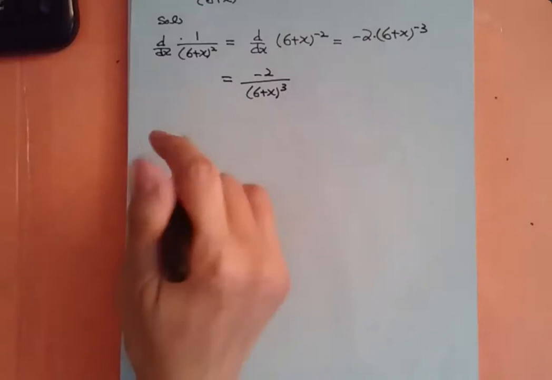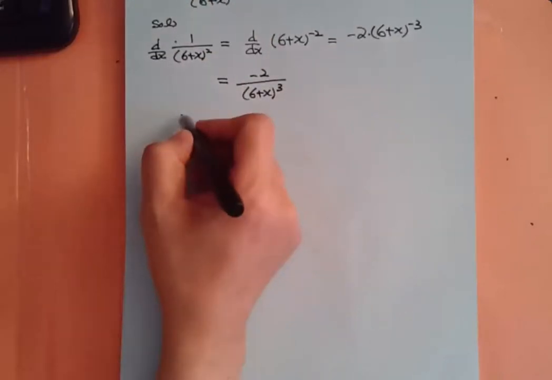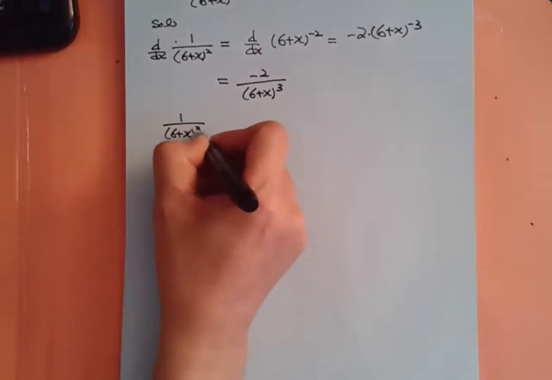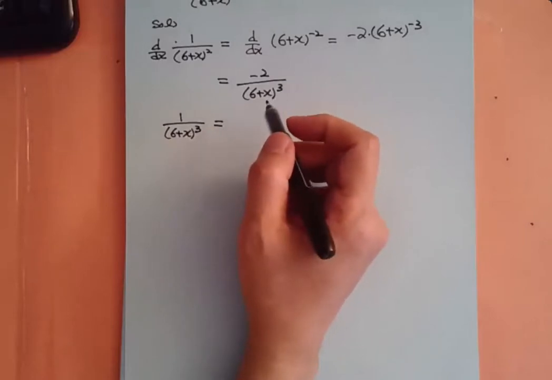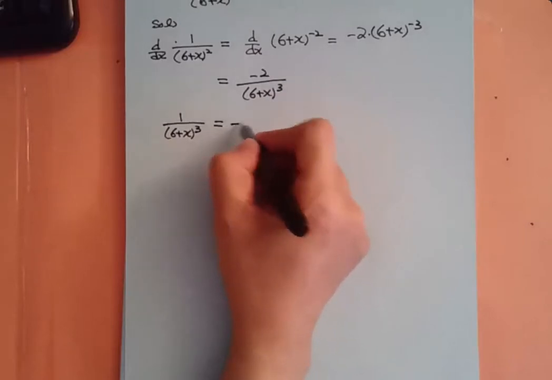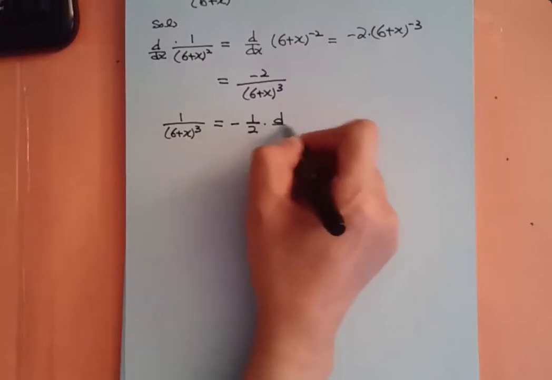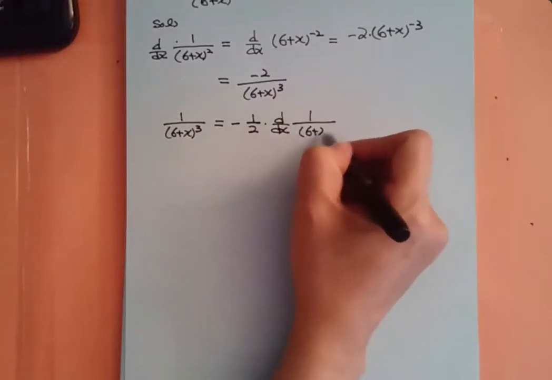So what we can do about the given one is 1 over 6 plus x cubed equals -1 over 2 times d/dx of 1 over 6 plus x squared.